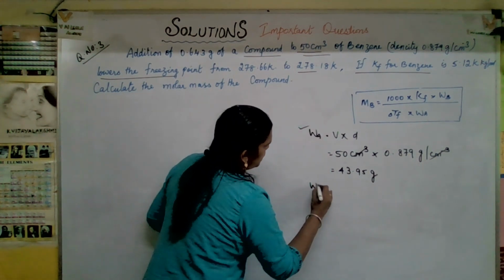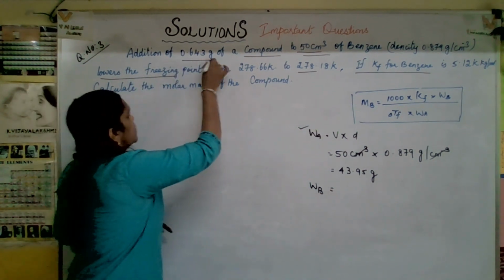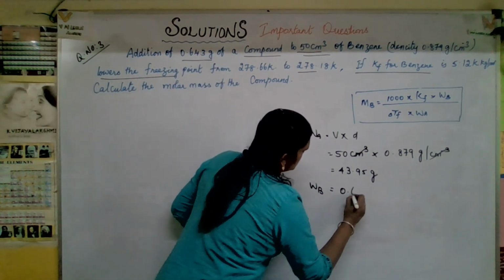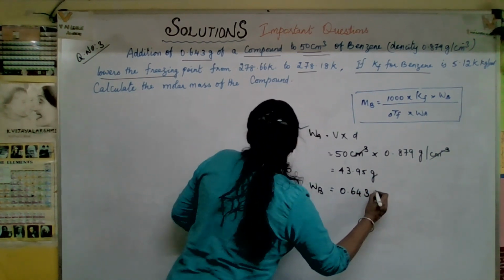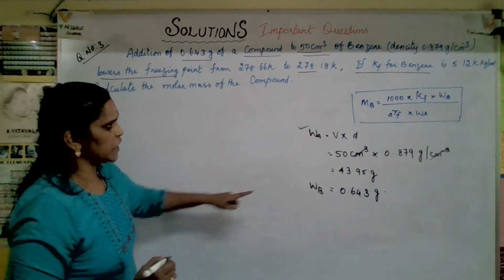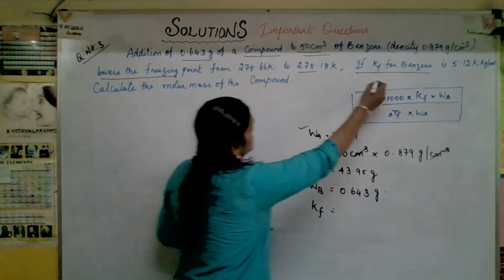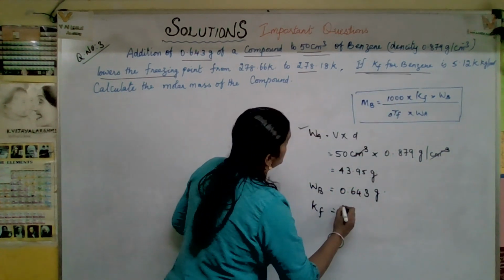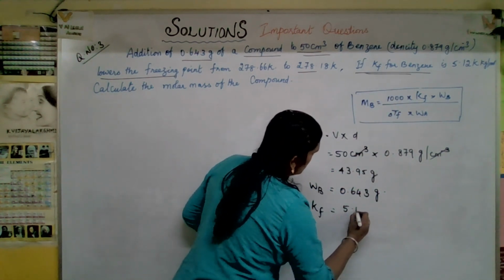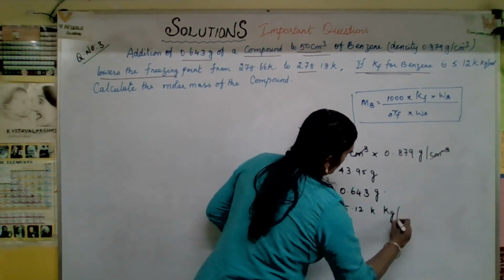And WB, what is WB? Addition of 0.643 gram. Right? WA, WB we got it. Now KF. KF for benzene, they have given here, 5.12 K kg per mole.